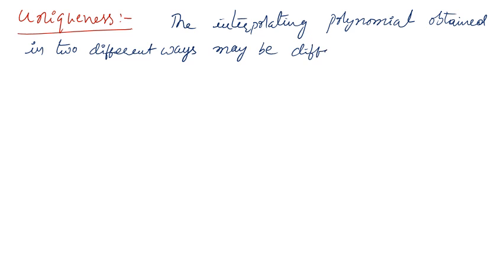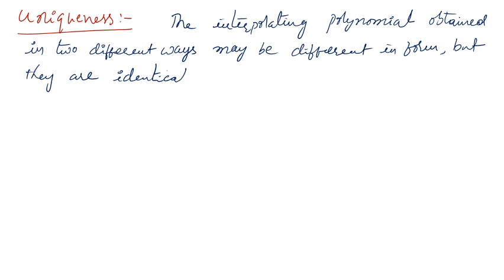Maybe different in form means two different forms may be there, but they are the same. They are identical.